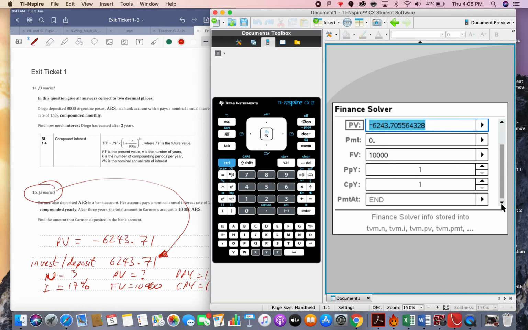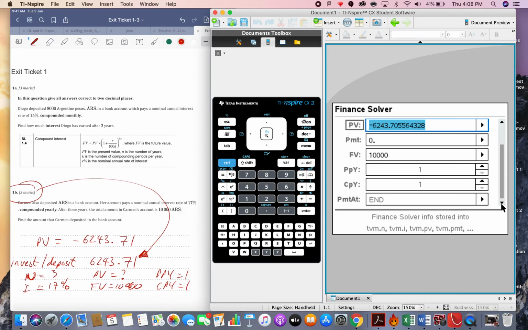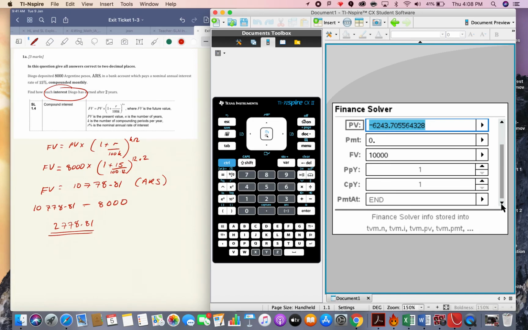Now, what would it look like if we tried to solve this second question using the formula? Well, let's try and do that. So if I just do the formula here, FV equals PV times (1 plus R over 100k) to the kn. So let's transfer things in.